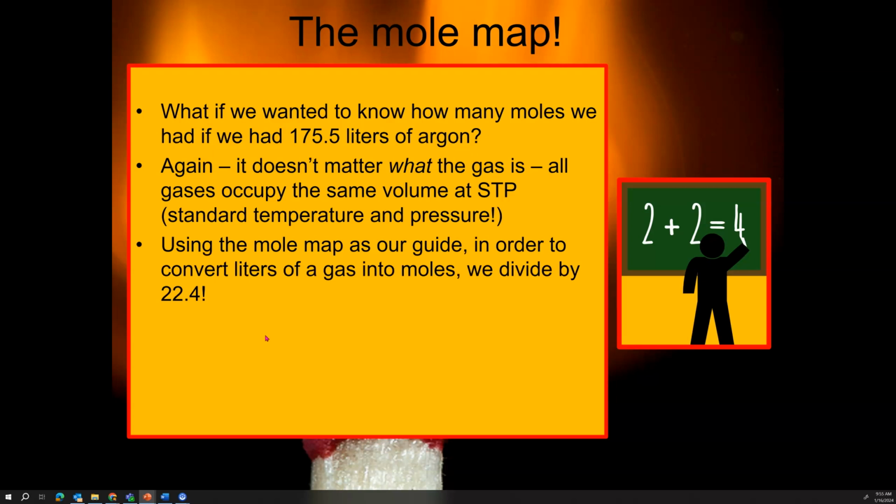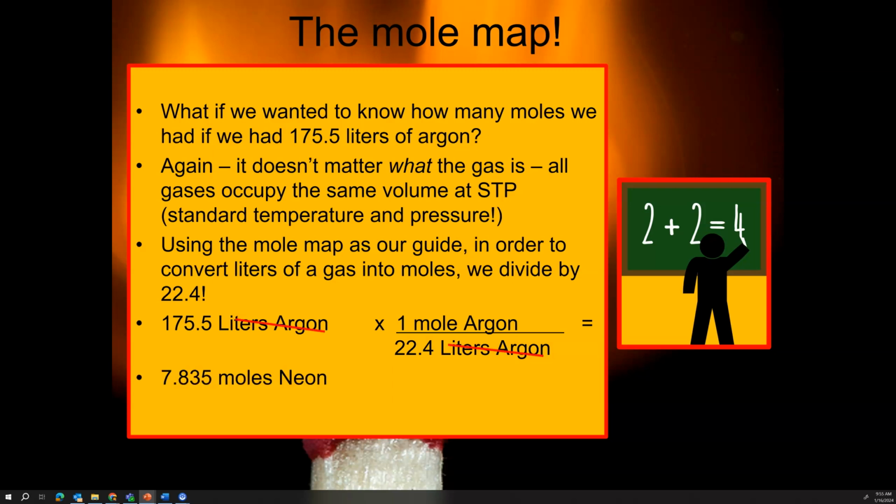So we are going to use the mole map. We start with the 175.5 liters of argon. 1 mole of argon occupies 22.4 liters. That is going to give us 7.835 moles of argon.